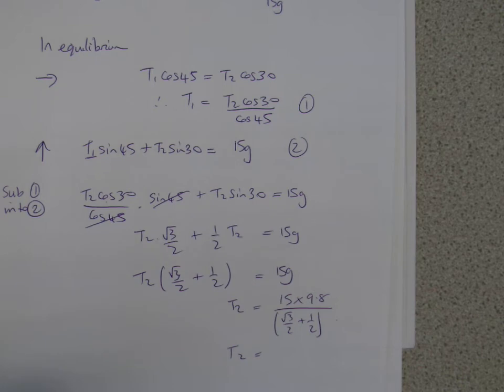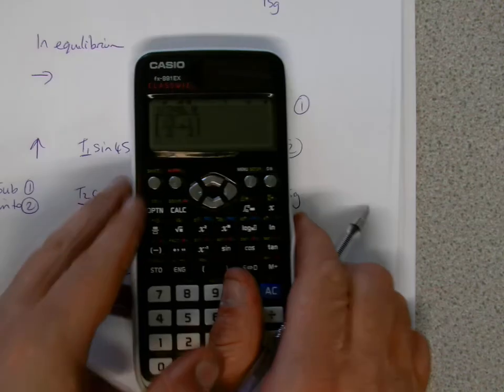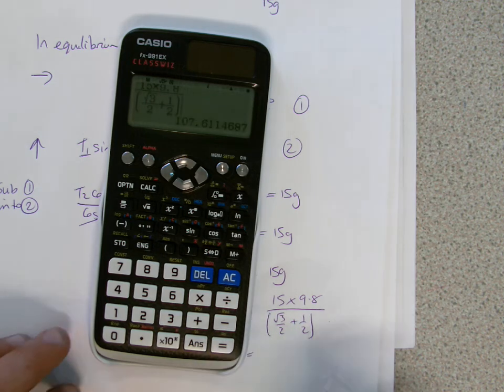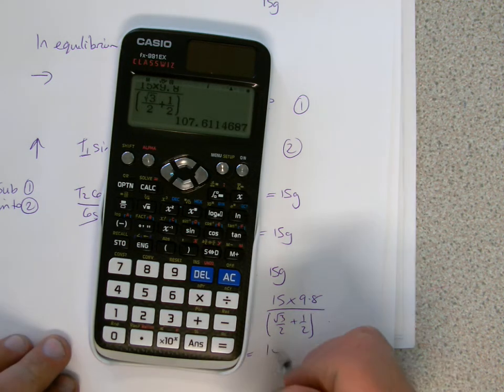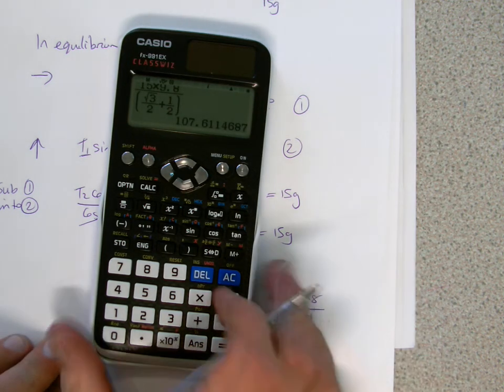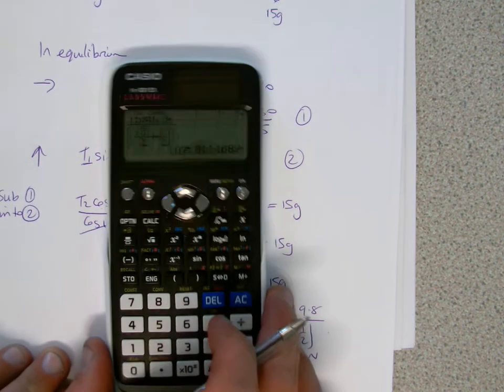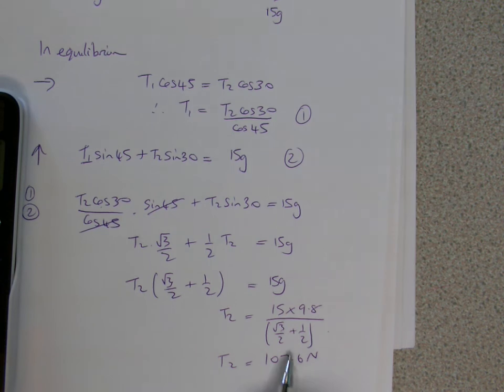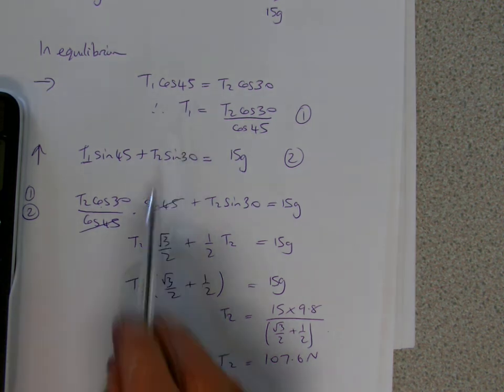So let's get this sorted out. I can do all this in one go on my calculator, and that's the sort of thing I get. I type all that in one go, and I get the answer 107.6 newtons. Then you need to sub that in to get T1.